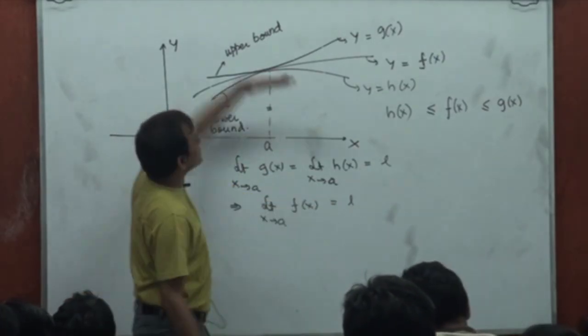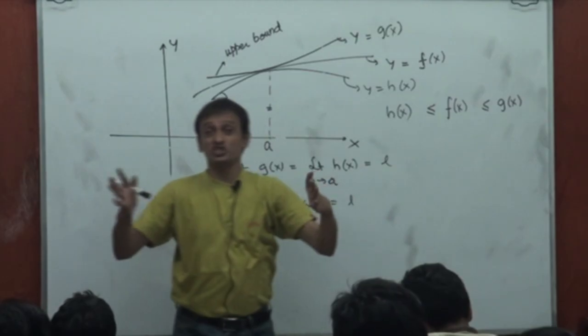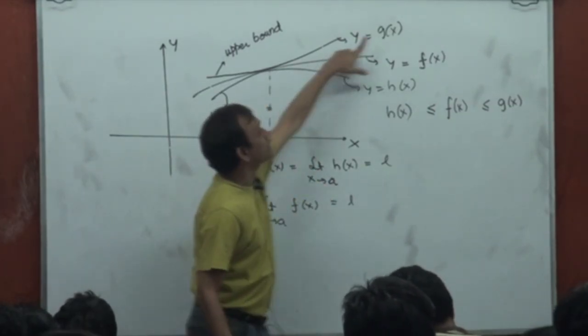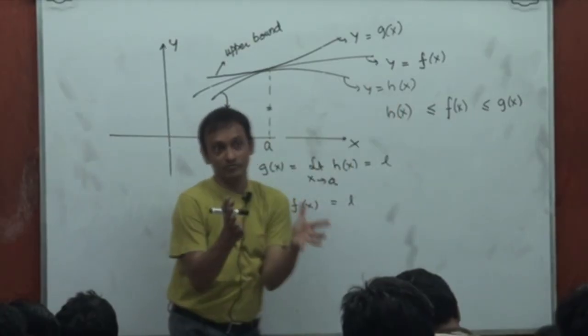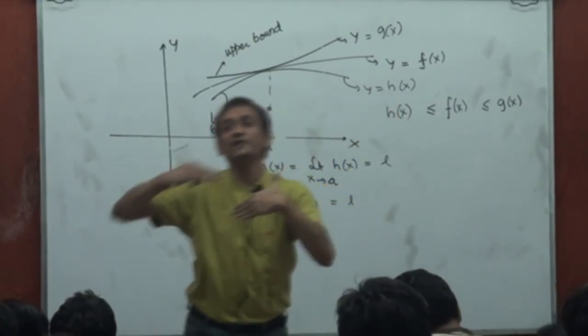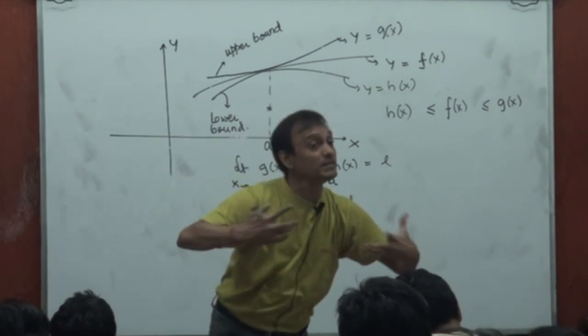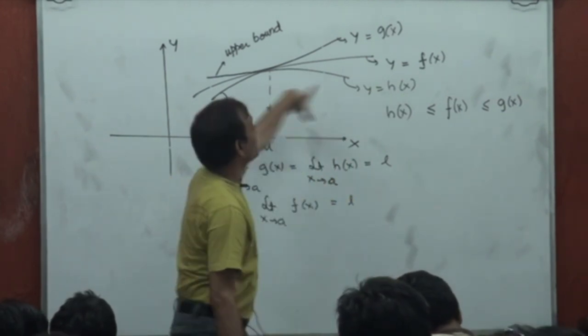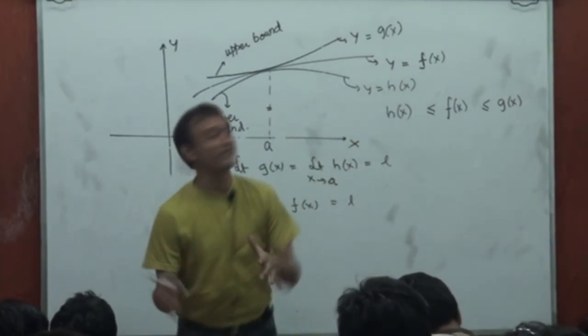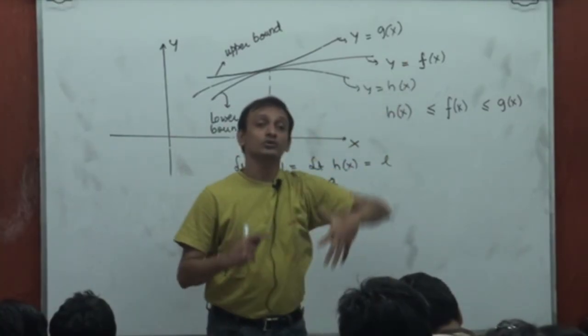That means when f(x) is squeezed between an upper bound function and a lower bound function in the neighborhood of x equal to a, and if the upper bound and the lower bound functions tend to the same limit L as x tends to a, then the sandwiched, squeezed function f(x) will tend to the same limit.